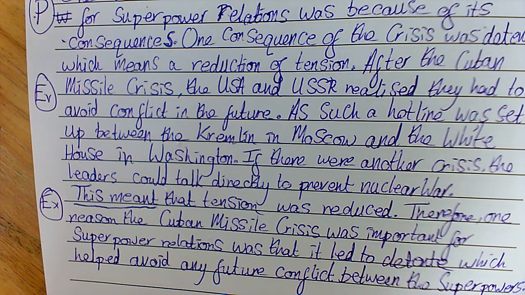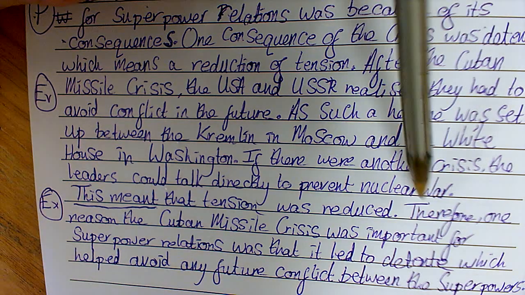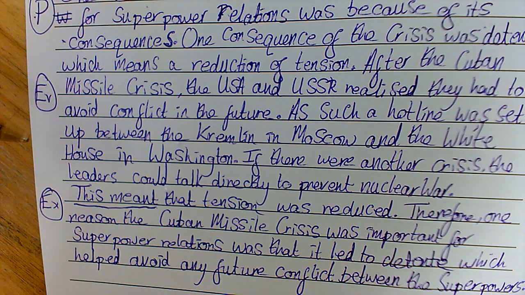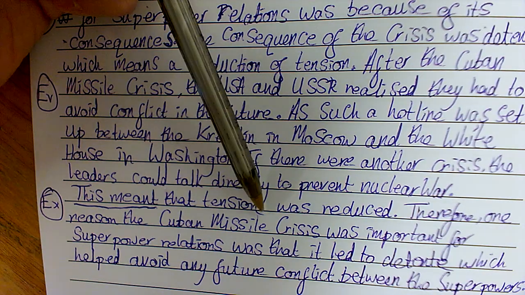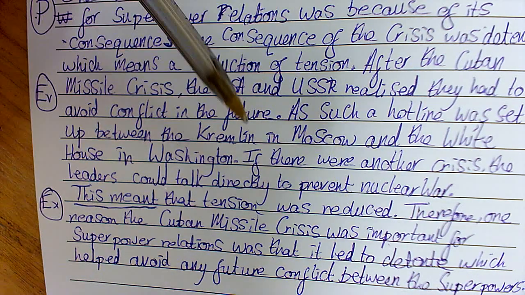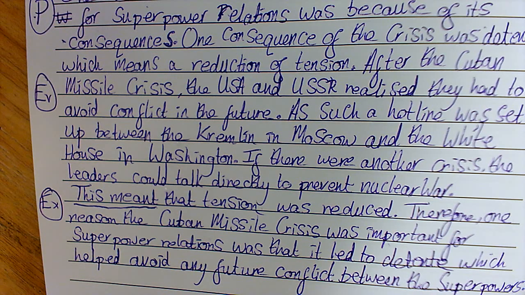Also, just as crucial is that I summarize my points at the end in a therefore sentence. Therefore, what is it exactly that I have proved? I have proved that the Cuban Missile Crisis is important for superpower relations because it led to détente. It's important because of one of its consequences.